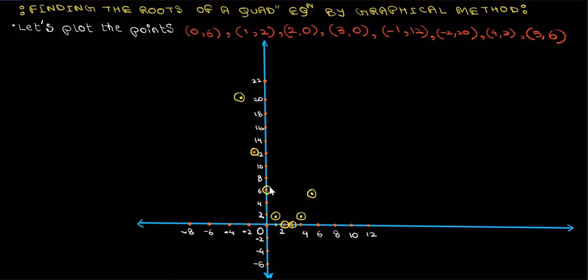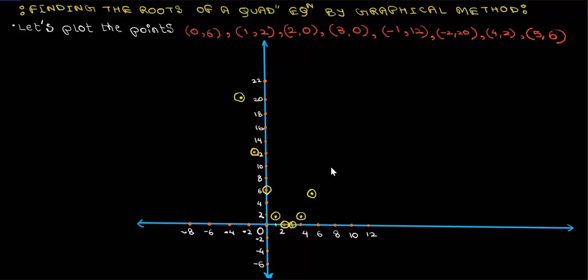I have labeled this point like this. Similarly 1 comma 2. So 1 is the midpoint of 0 and 2. So 1 comma 2 is this point. I have labeled this point. 2 comma 0 is this point. 3 comma 0 is this point.